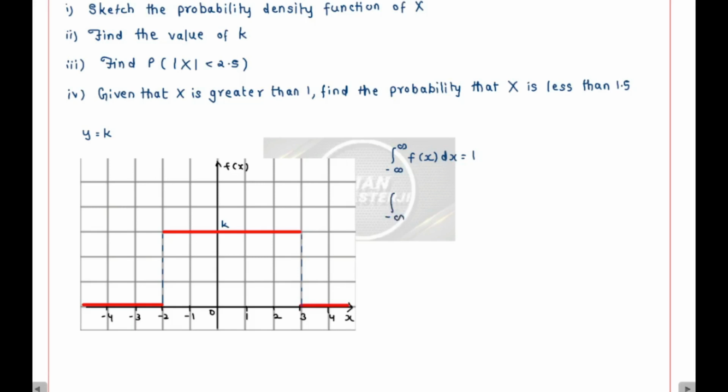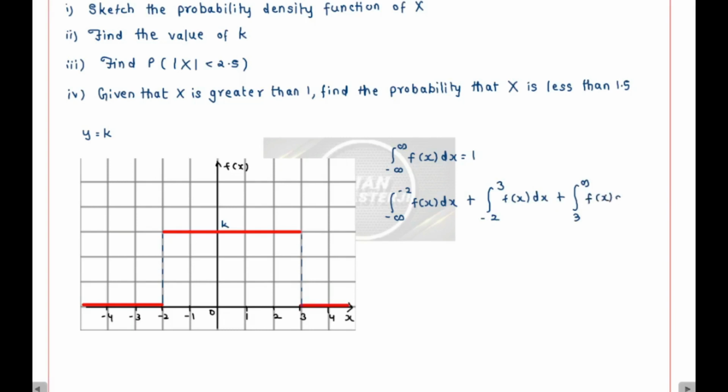What is the first part? From -infinity to -2. Then from -2 to 3, and then from 3 to positive infinity.